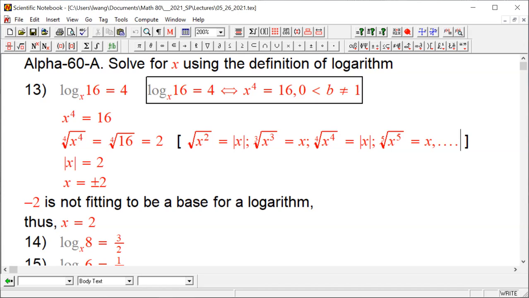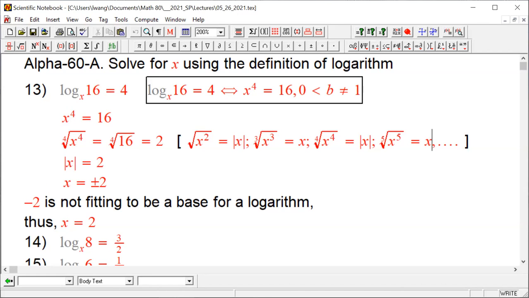If we have even number roots, square root of x to the power 2, fourth root of x to the power 4, sixth root of x to the power 6, you always get absolute value of x. For cubic root, however, the cube root of x to the power 3 is the same as x. The fifth root of x to the power 5 is equal to x. Is that clear?